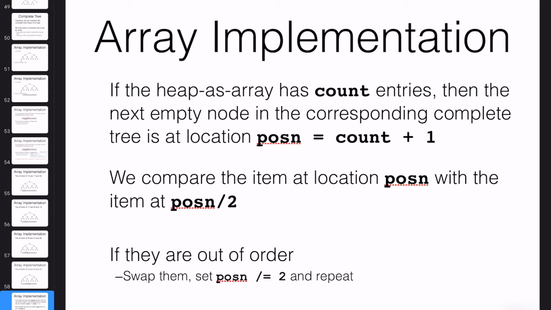Okay, so in our implementation, we have an array. What else am I going to keep? I'm going to keep just one integer data field that tells me how many items have been stored in this array, how many items are in this complete binary tree. So we are going to need another variable. Let's just call it count.